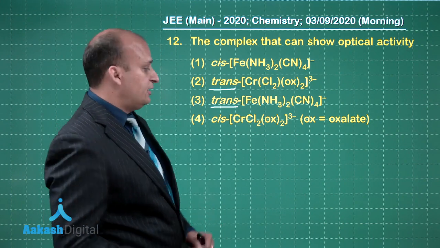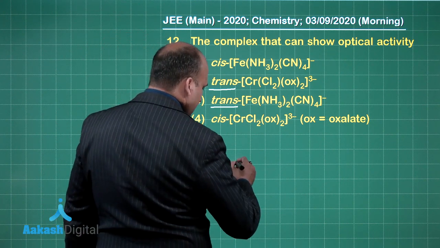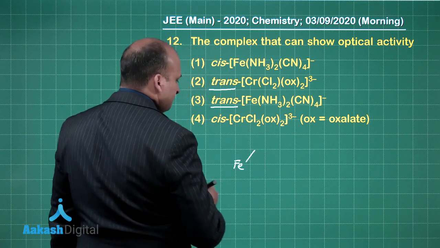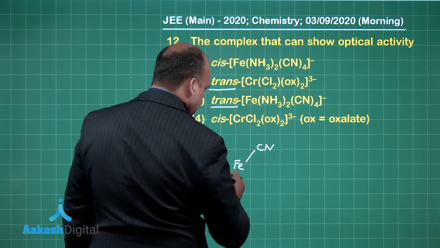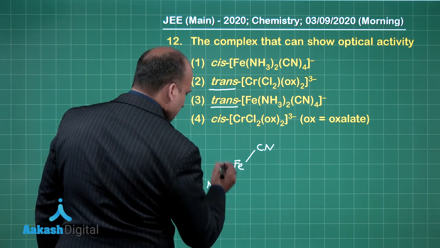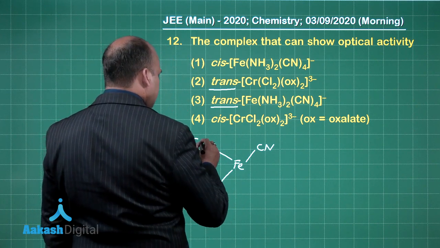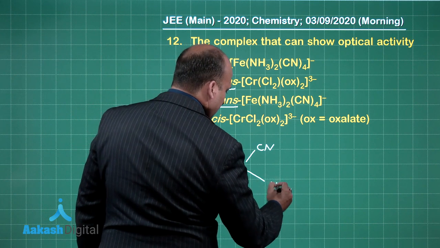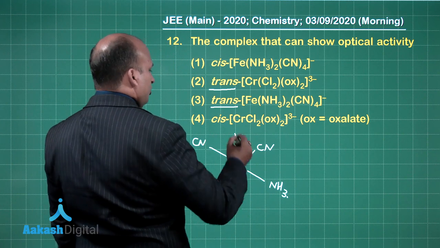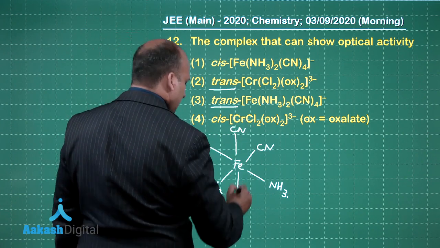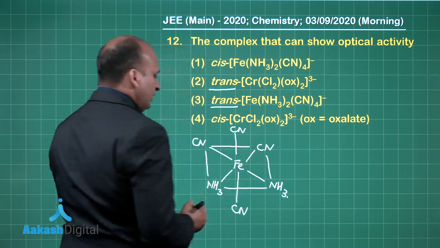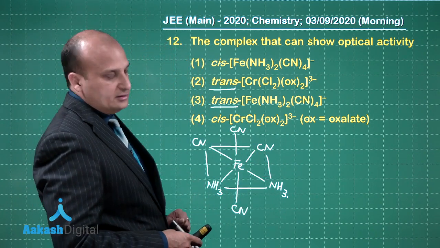But dear friends, even in the case of cis configuration, say I have this molecule with me, say CN, then over here NH3, then over here I got CN, and here I have got NH3. But still, over here you will have to show CN and CN. So you see, even in this case there is a plane of symmetry.